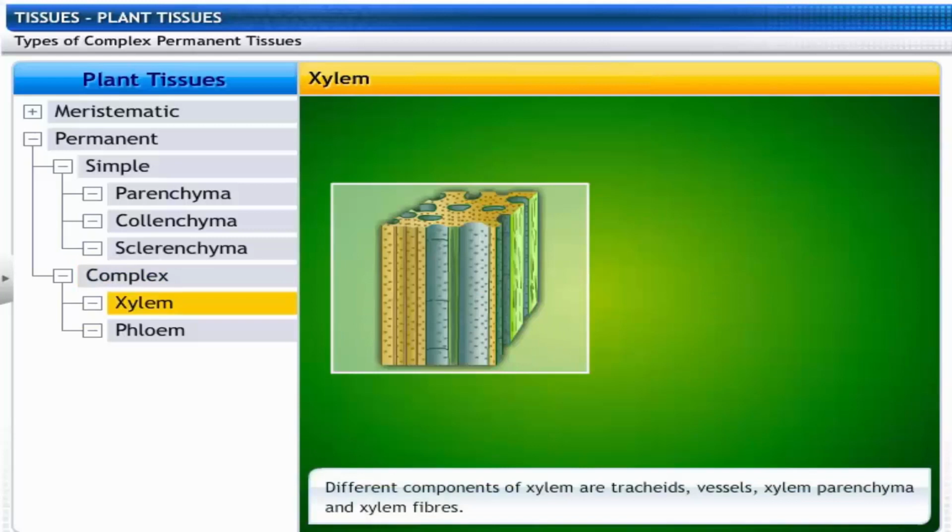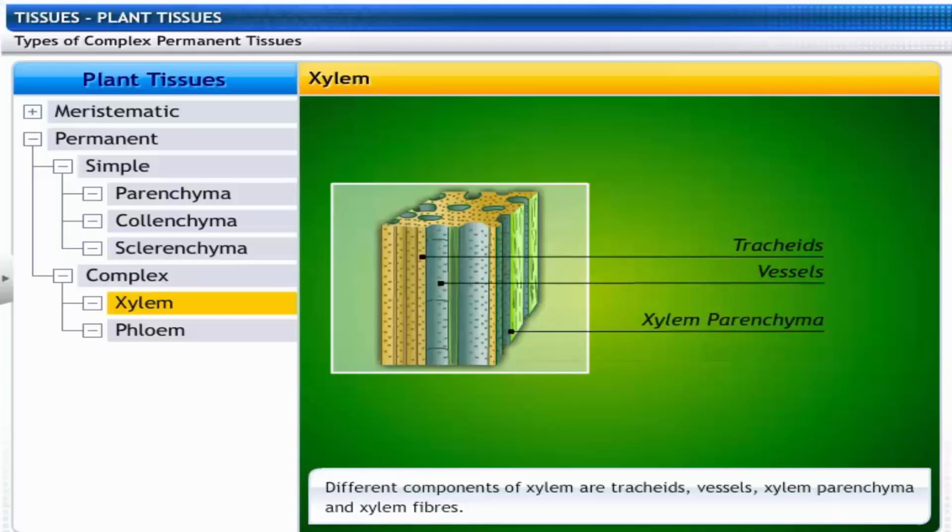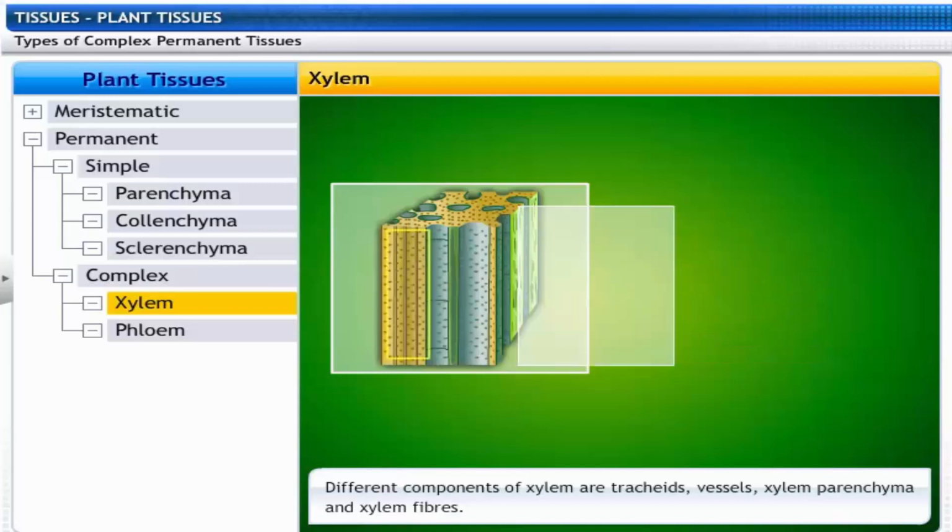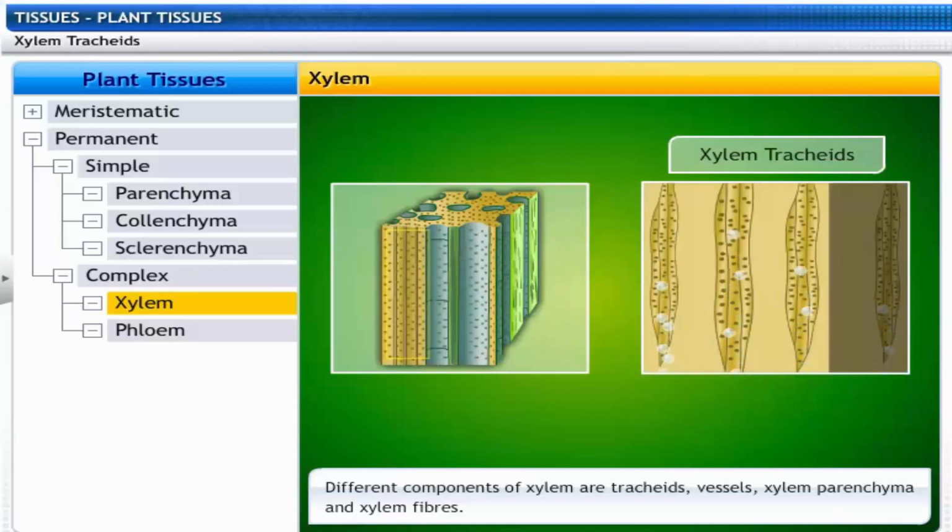Let's explore the different components of the xylem: tracheids, vessels, xylem parenchyma, and xylem fibers. Tracheids are tubular dead cells. They transport water. Their cell wall is made of lignin, which provides mechanical support.